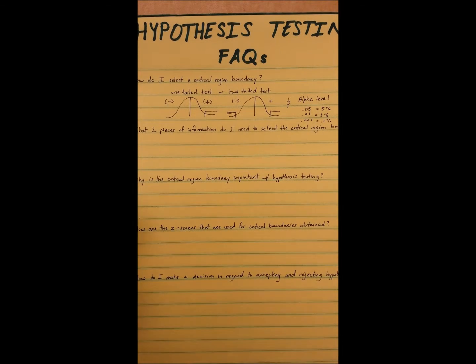This is Dr. Franklin from the Department of Psychology, Norfolk State University, just providing you a brief video to answer some of the commonly asked questions, or frequently asked questions, as it pertains to hypothesis testing. So it's important that the context is understood. Within this video, when we talk about hypothesis testing, we're talking about it in the context of normal deviate z-scores.